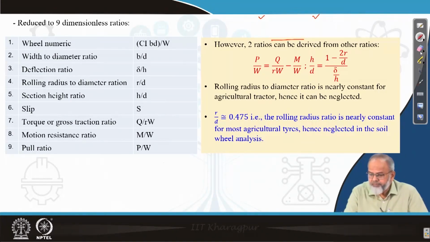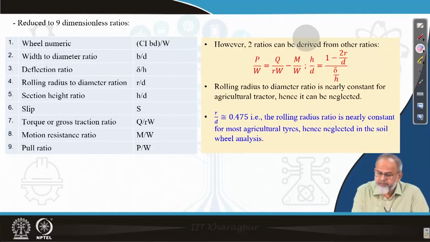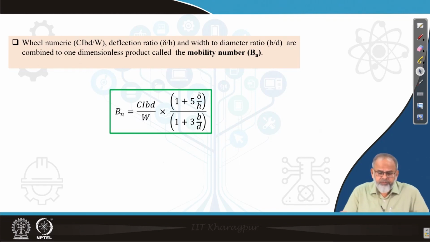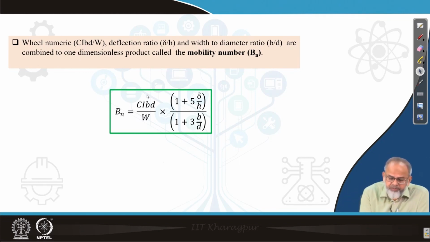So, the remaining are 6 dimensionless ratio variables. He defined one terminology Bn, which is called the mobility number. So, Bn is the mobility number, which is equal to the wheel numeric CIBD upon W.